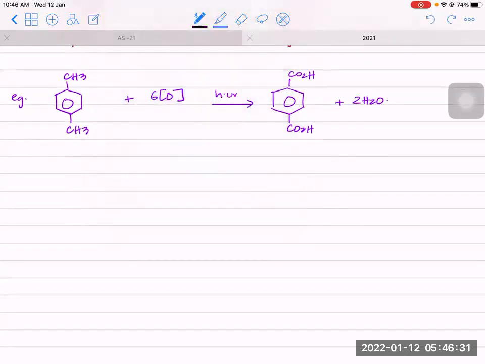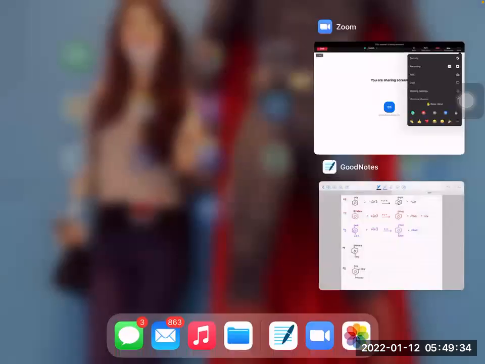Clear? Let's see another example of oxidation. In fact, I want you guys to try this. If you have an ethyl linkage here and a methyl linkage here, what will be the equation on oxidation? Try it. So let's see what we will get.